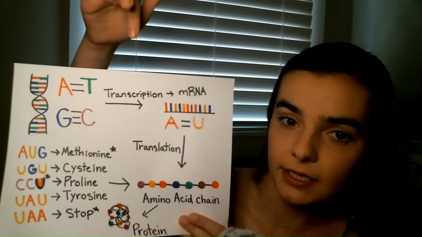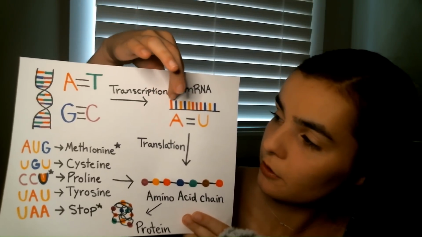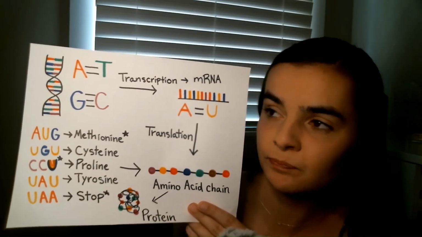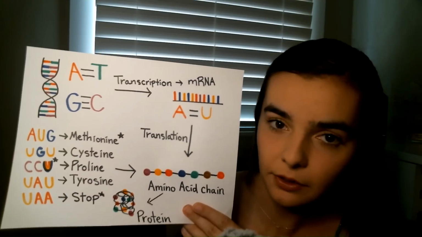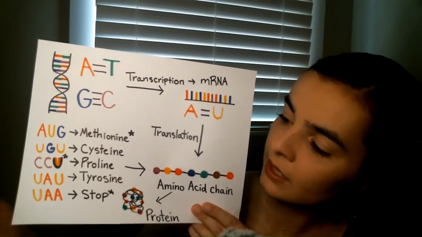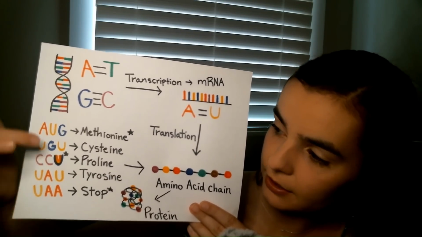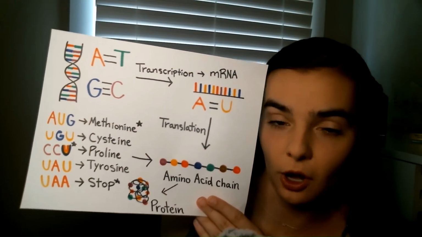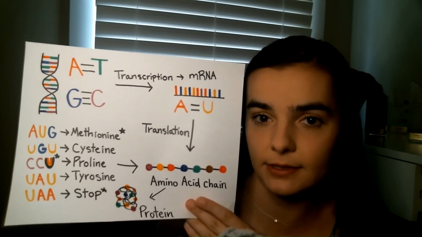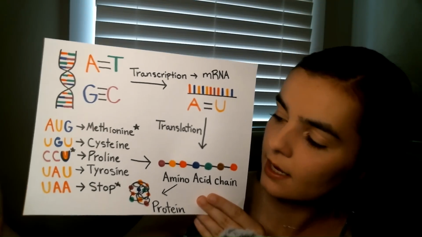And how that is done is that each 3 nucleotides are called a codon, and 3 nucleotides code for 1 amino acid. And I wrote over here just some random combinations of nucleotides that create different amino acids.